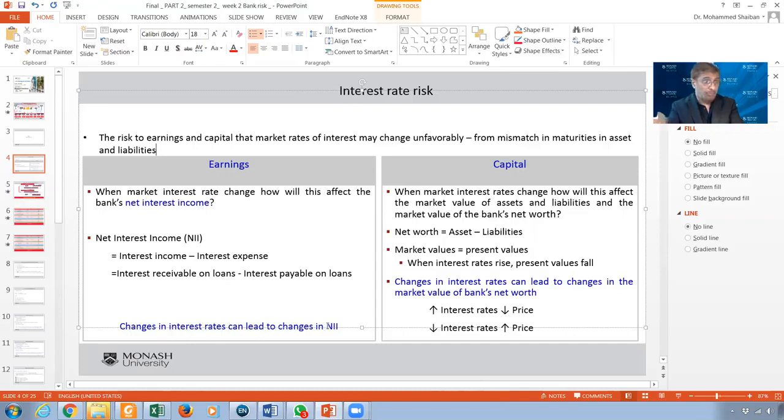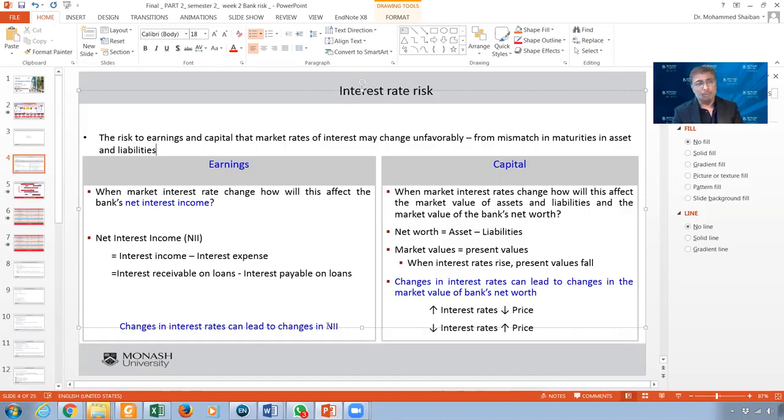Since my liabilities are higher than my assets, at the end of the day I'm paying more than what I'm getting. The net impact on the income statement, the net interest income, will represent losses. This is the impact on the net interest income and the risk to the earnings. So our earnings will decrease.